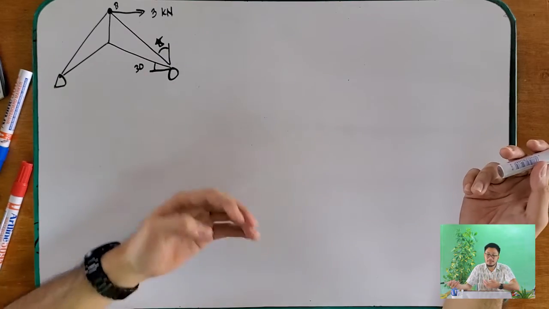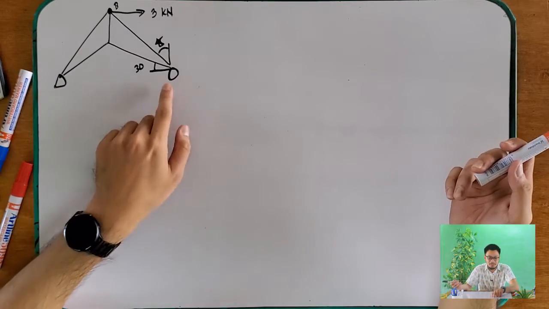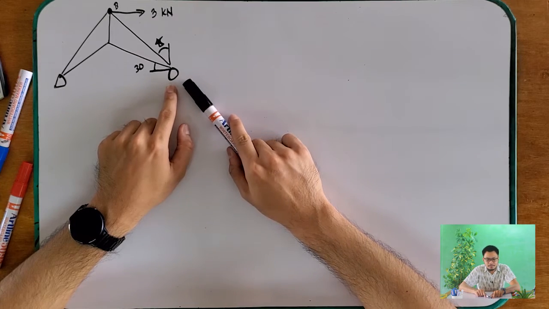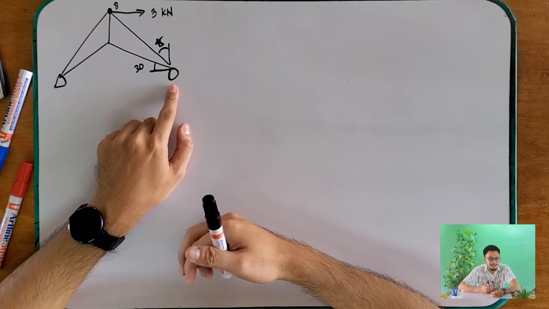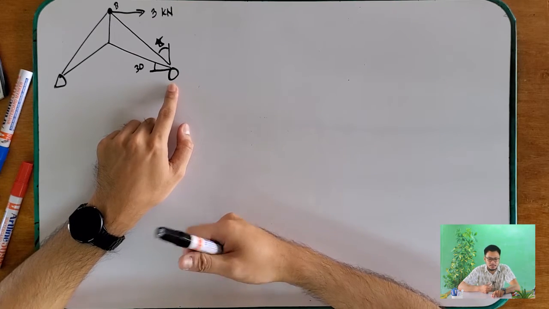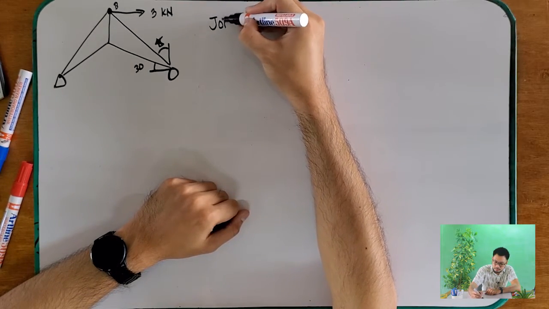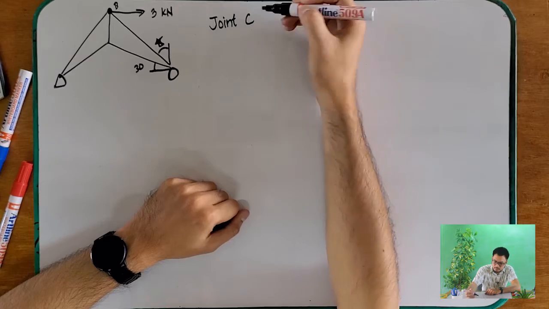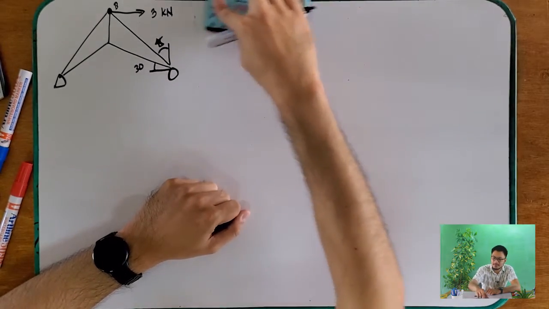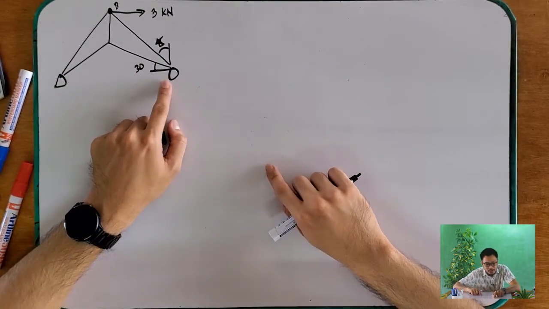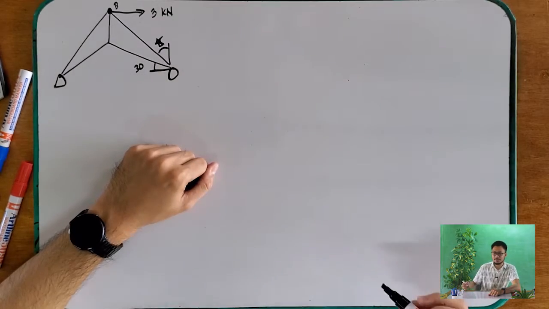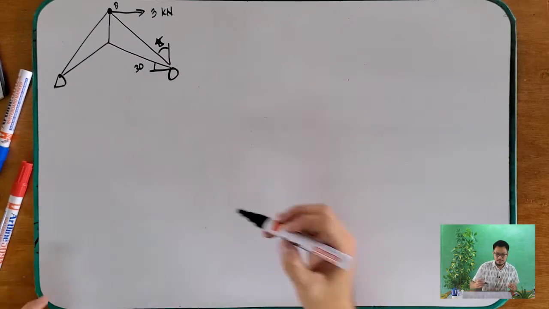For me, I would rather prefer to solve diri sa atong right nga joint, which is your joint C. Because we can solve for this support reaction. Diba? Okay, diba?